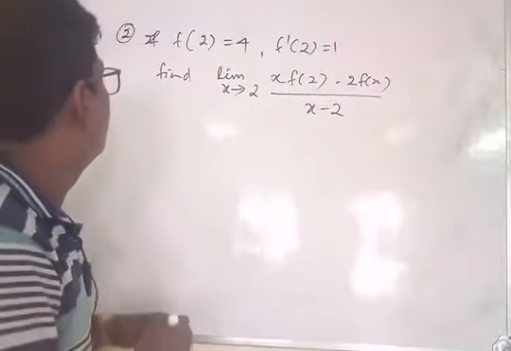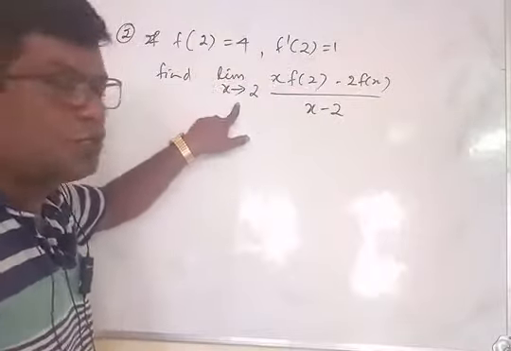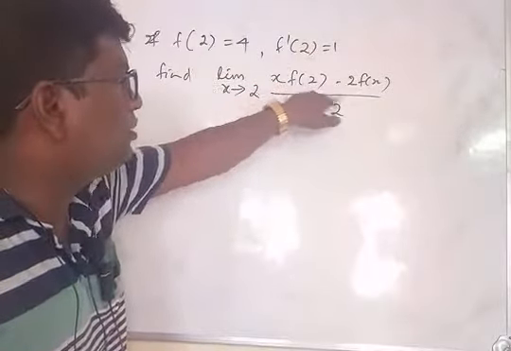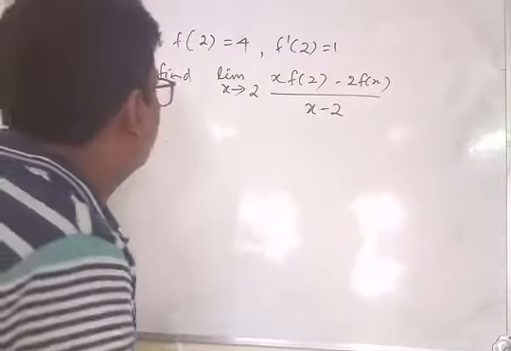One question. If f(2) equals 4 and f′(2) equals 1, then find limit x tends to 2 of (x f(2) − 2 f(x)) divided by (x − 2).